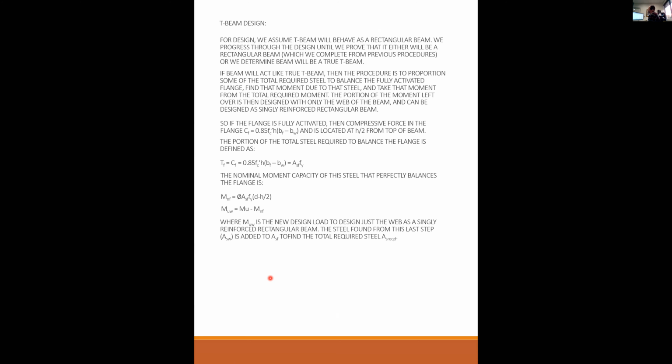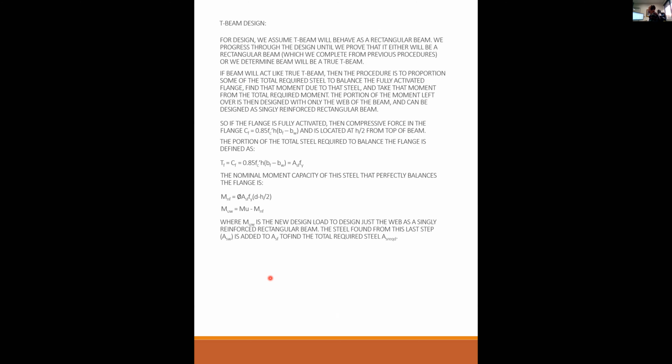Why is this so complicated? Well, because it's a T-beam. It could be rectangular or it could be true T, and you don't know because whether it acts like a true T-beam or like a rectangular beam is entirely dependent on how much steel you provide.